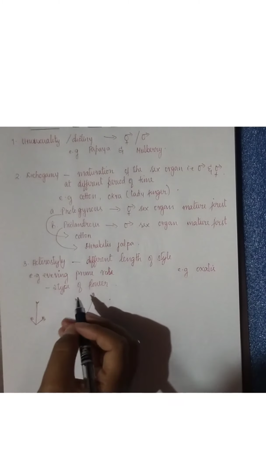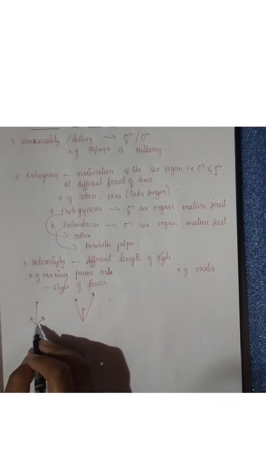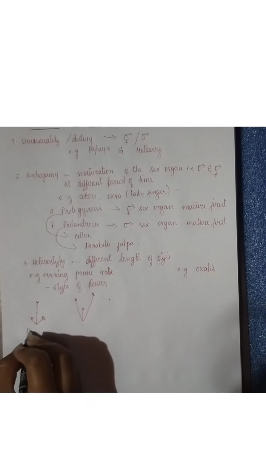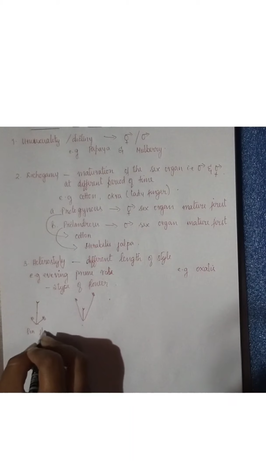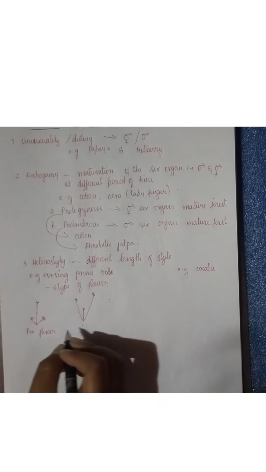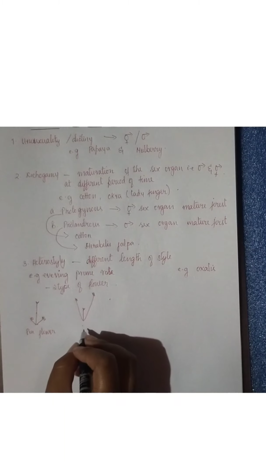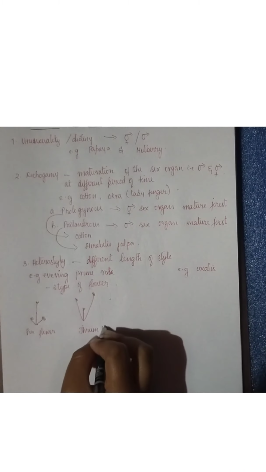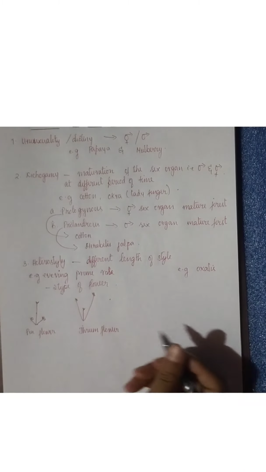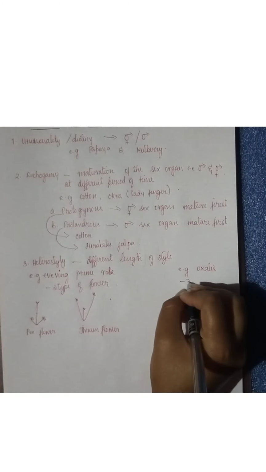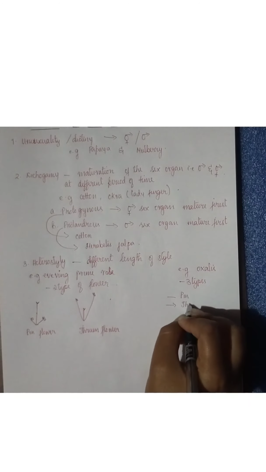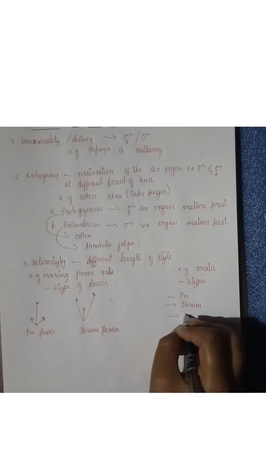So, two types of flower. The one in which the androecium is short and the gynoecium is long is known as the pin flower. And the one in which the gynoecium is short and the androecium is long is known as the thrum flower. In oxalis, there are three types: the pin, the thrum, and the normal.